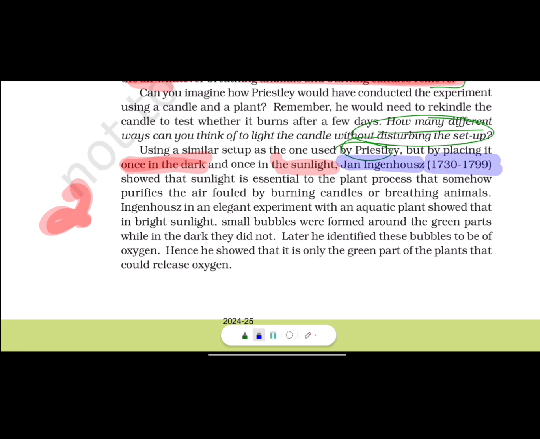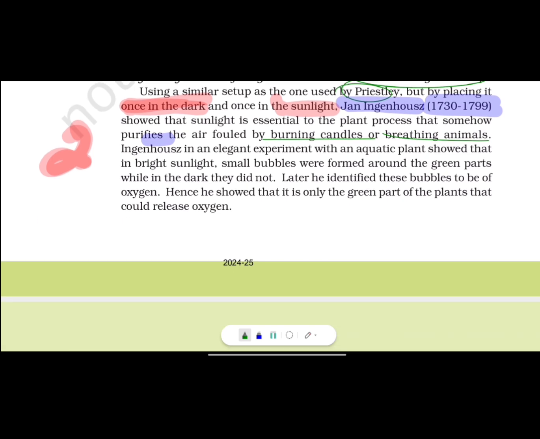He showed that sunlight is essential to the plant process that somehow purifies the air fouled by burning candles or breathing animals. Ingenhousz, in an elegant experiment with an aquatic plant, showed that in bright sunlight, small bubbles were formed around the green parts, while in the dark they did not.